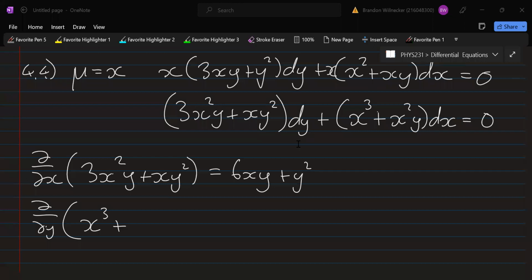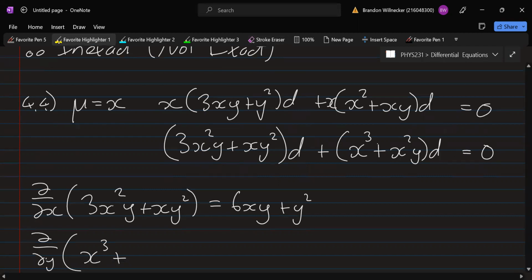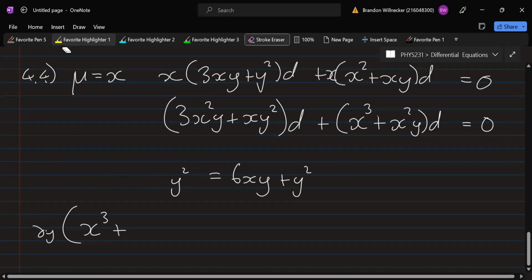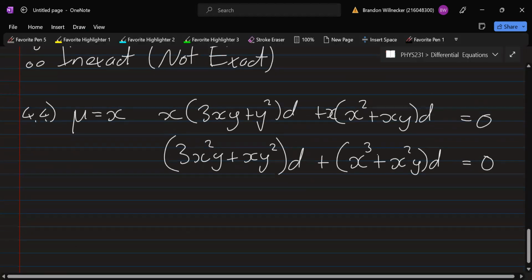I messed up with the dy and dx. Let's just fix that. These are supposed to be the other way around. So the first one is dx, and the second one is dy.